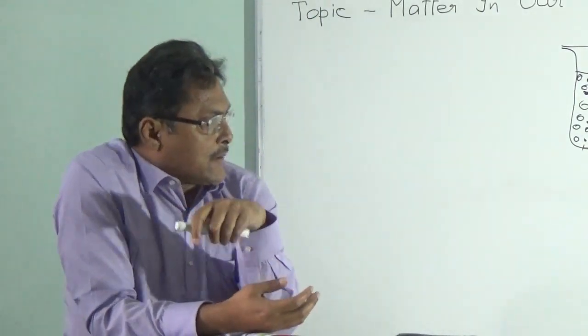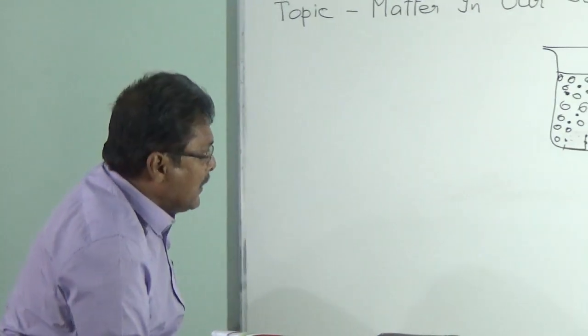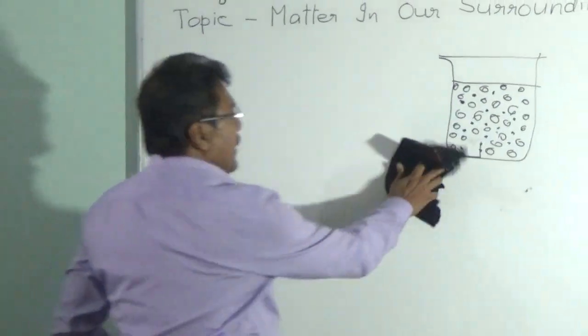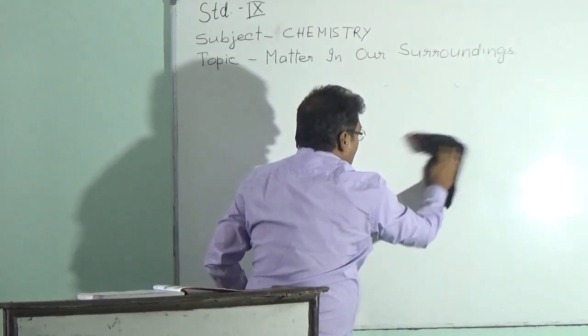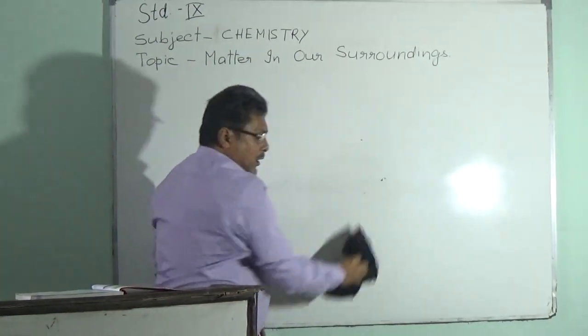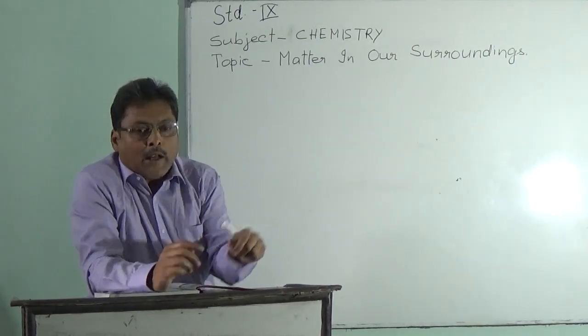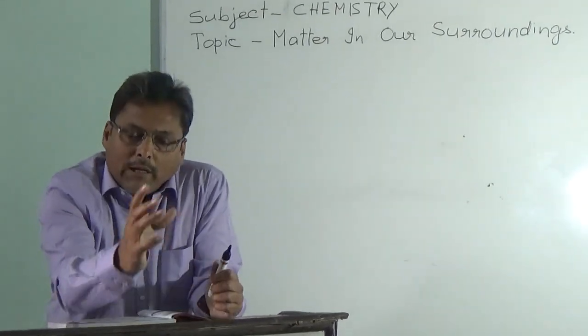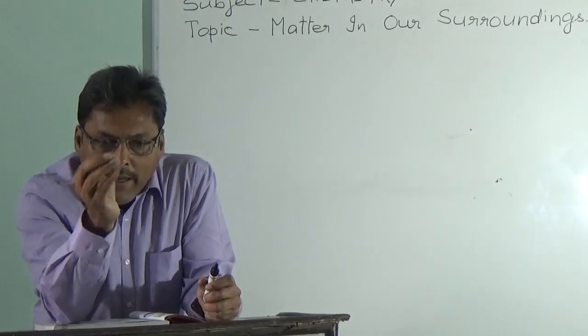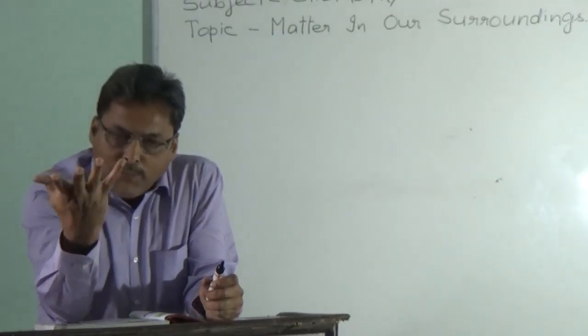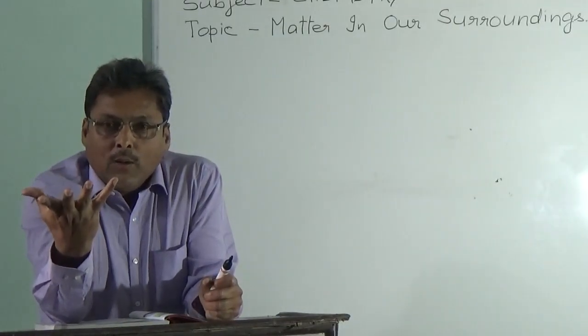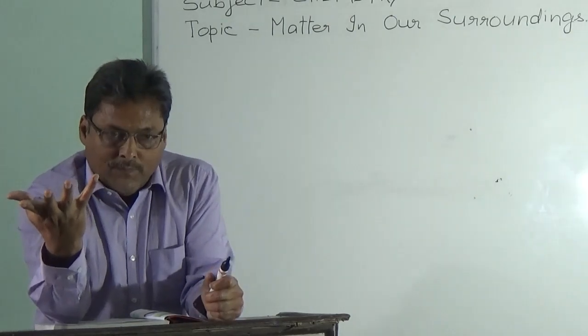Innumerable small particles. Let us take a simple experiment again that you can do at home. Actually, potassium permanganate is not the factor. You can do the same experiment at home with a glass of water and a drop of ink. It will spread through the water. We call it dissolving.